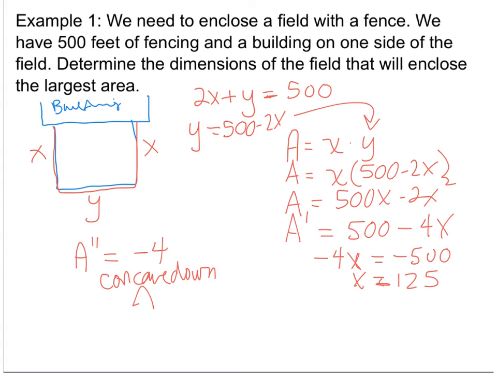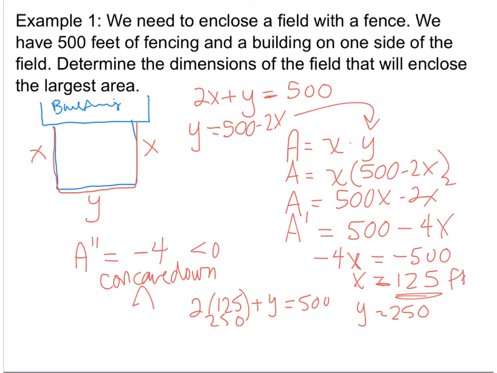That indeed shows, since that's less than 0, that 125 is a maximum. Then to figure out what y is going to be, I would plug this 125 back into my original formula, and so that would be 125 plus y is 500. So y needs to be 250, and this is in feet. So these are my dimensions right there.